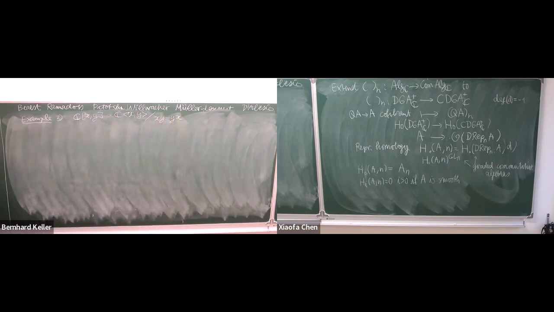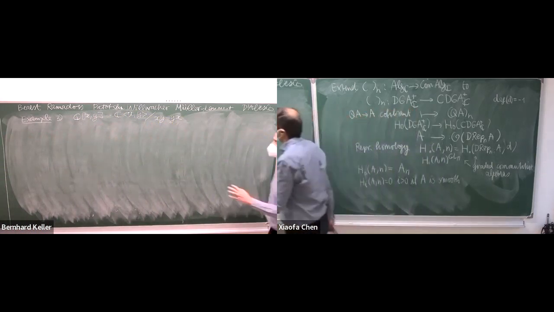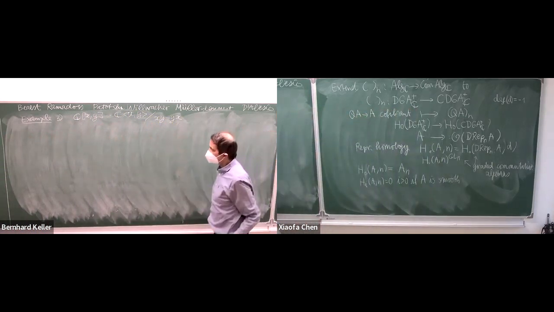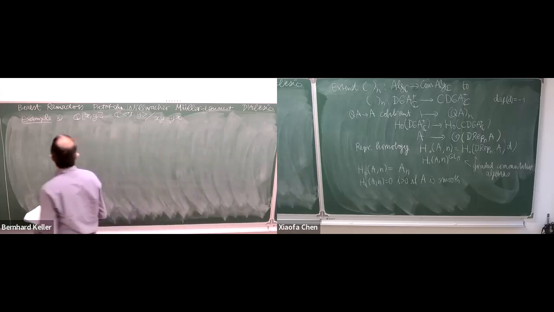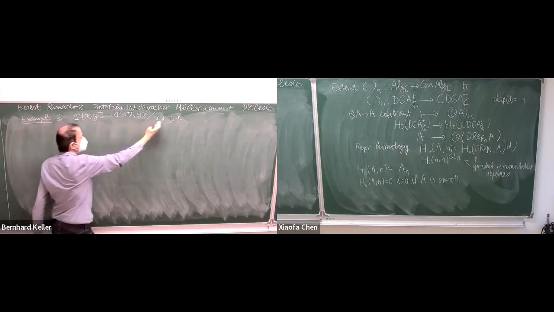And so in this case, what you do to construct this resolution is just to introduce some odd variables which kill the relation. This is a general principle for a finitely generated, finitely presented algebra. We have an algebra with generators and relations.